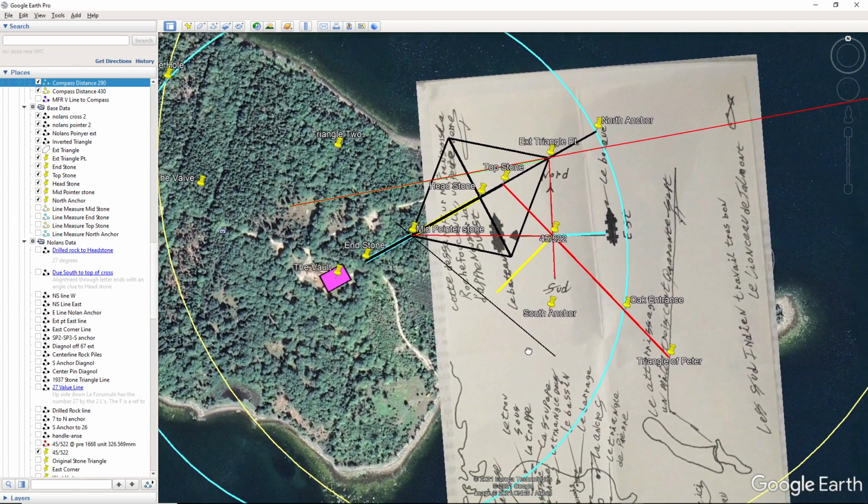So it's interesting that this map is basically telling you, and I don't know, the information is there. I don't know how you would understand how to put it together, but the information is there. The 290 is there, the 430 is there, the position of the end stone, the midstone, and the extension triangle is there. And so if you have this whole thing together, you know the end stone and you know the north anchor.